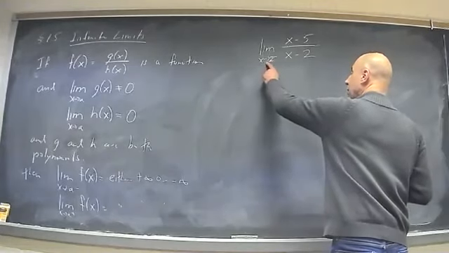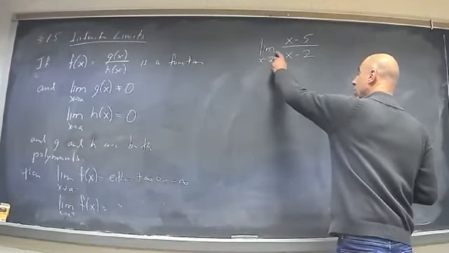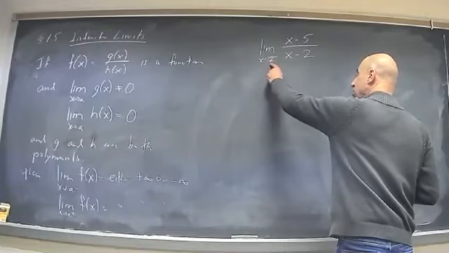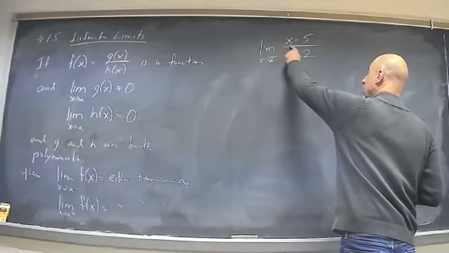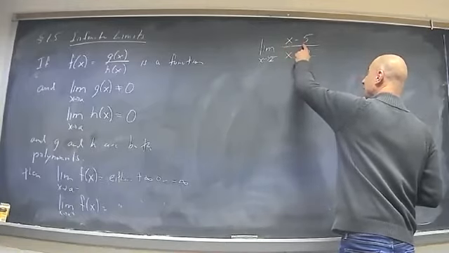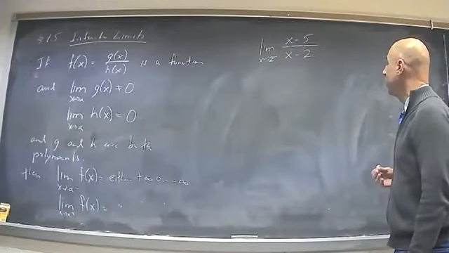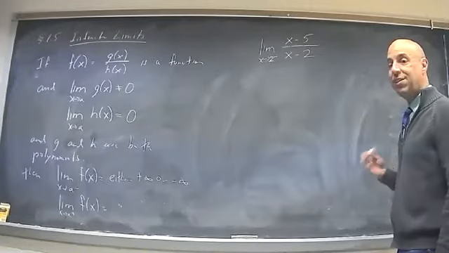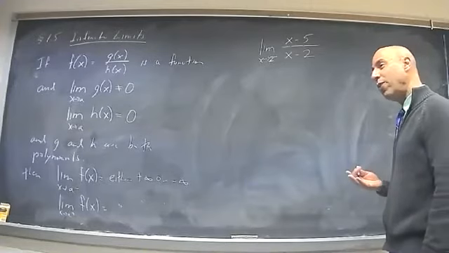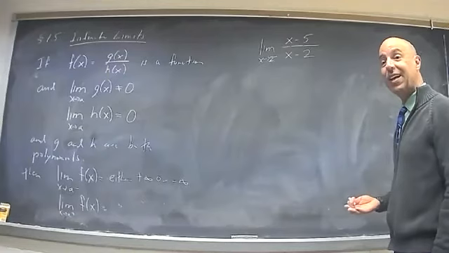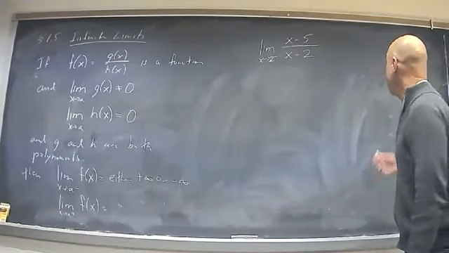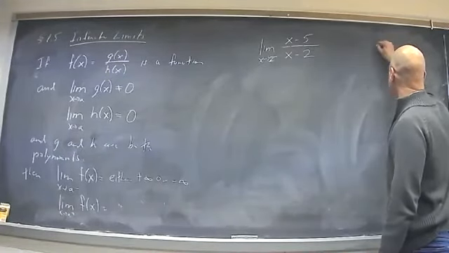Let's say x is a number a little bit smaller than 2. That's what this says, approaching 2 from the left. If you take a number a little bit smaller than 2 and subtract 5, you get a negative number. If you take like 1.9 or 1.99 and you subtract 5, you definitely get a negative number. So it's negative on top.